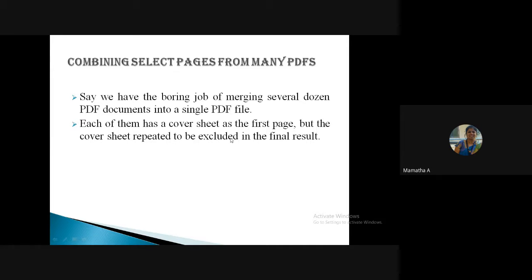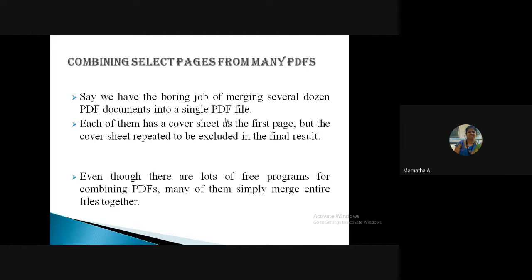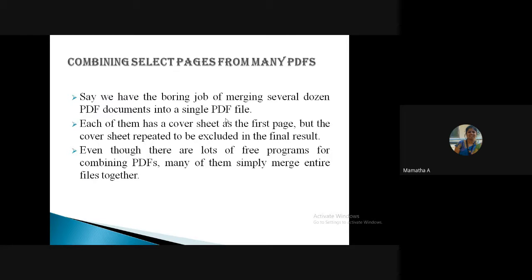I don't want the cover sheet to be present in my final PDF. That means every PDF should not have its first page. So excluding the first page, you should keep adding the pages to the single PDF. As I told you, there are lots of PDF tools available for combining. But what you should do is remove the first page.